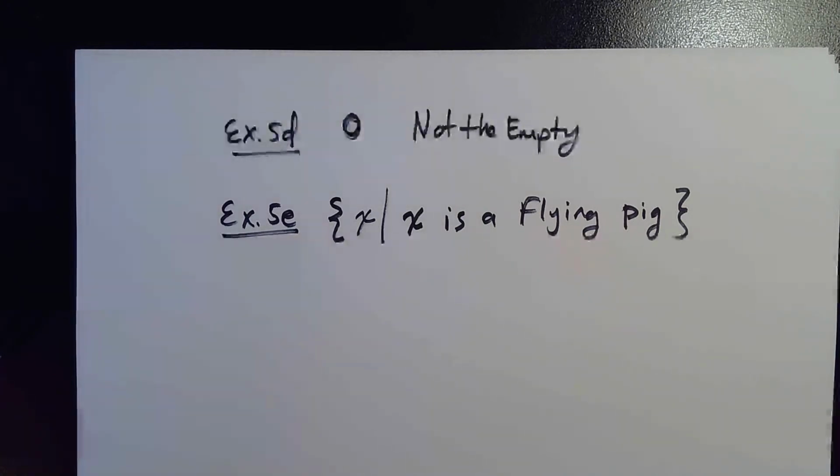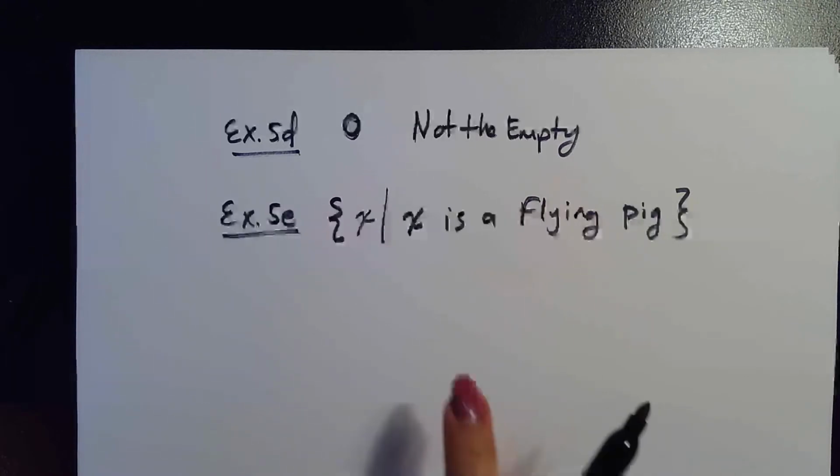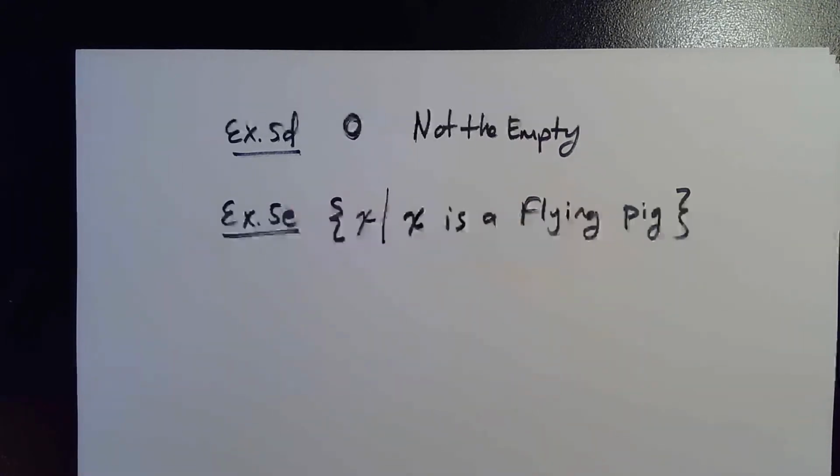This is a set written in set builder notation, and it says the set of all those x's such that x is a flying pig. My student was saying this set cannot be empty because x is a flying pig. So the student was assuming existence, and this is a very dangerous assumption. Do not make this assumption.